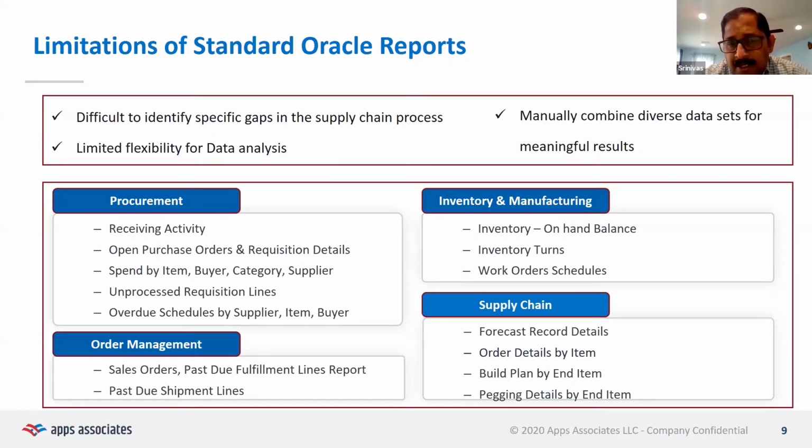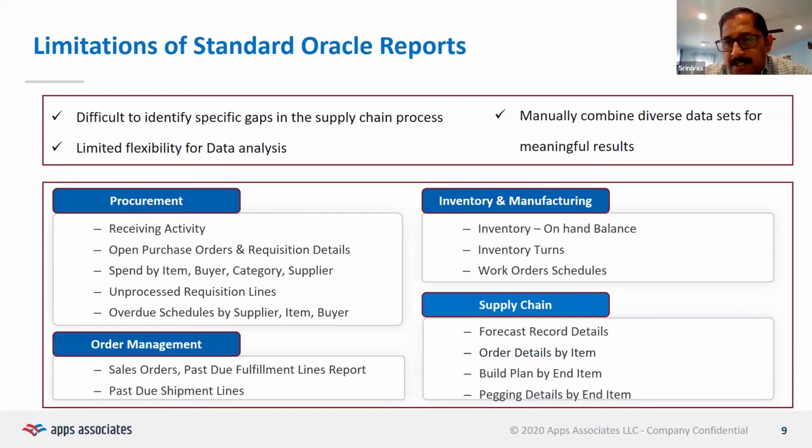You would get details about the spend that you have already incurred, whether by item category or supplier, and information about unprocessed requisitions that need to be either approved or fulfilled. And then also understanding the delays in the procurement process, like supplier shipments that are overdue and that you still haven't received on time.